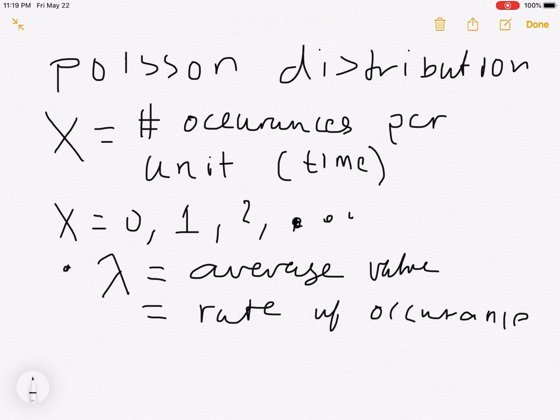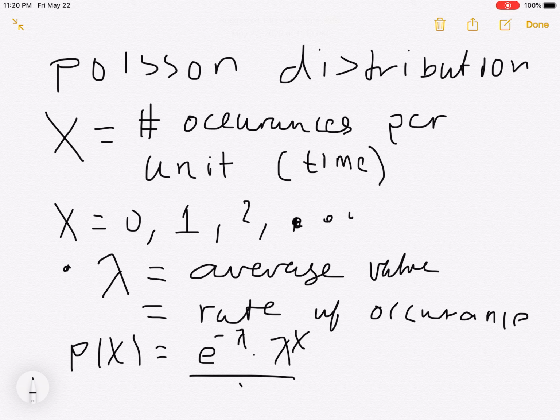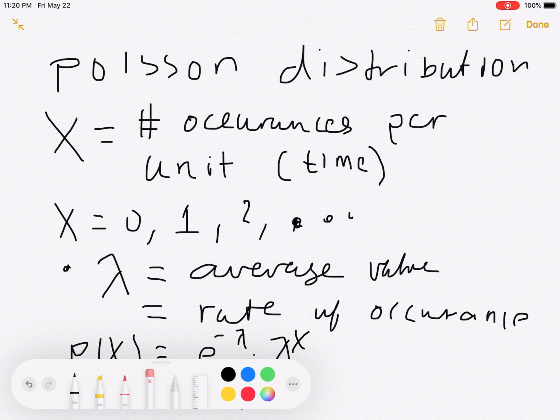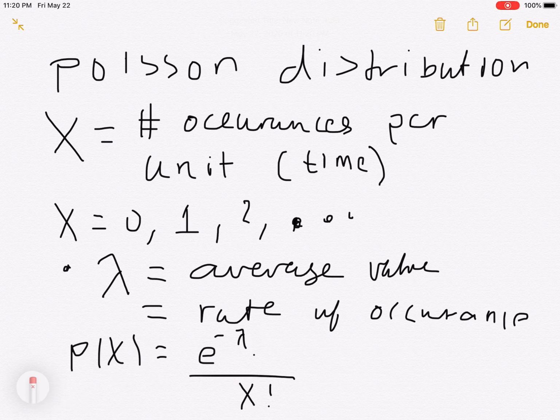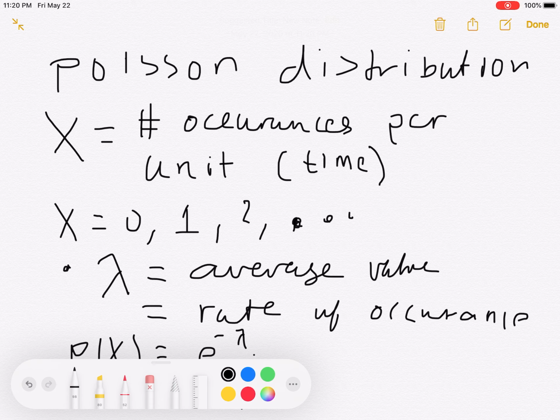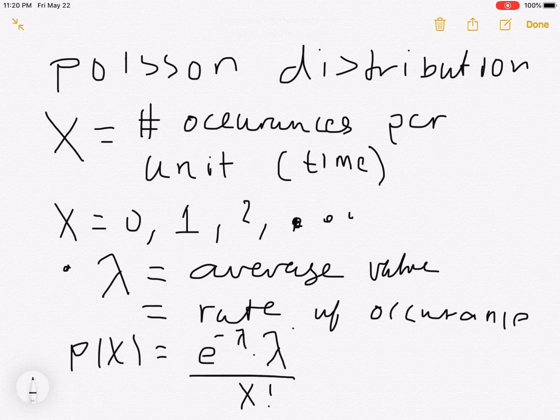Another fact about the Poisson distribution is that it has density function p of x is e to the minus lambda times lambda to the x divided by x factorial. I'm just going to rewrite part of this so it's clear: that's lambda to the power of x.